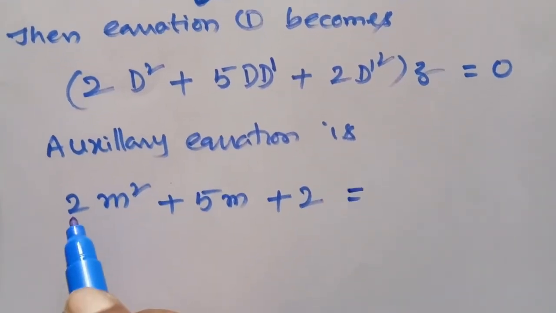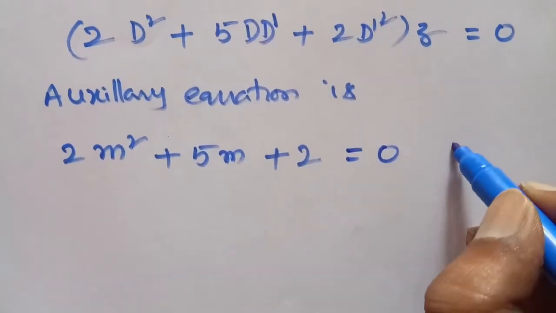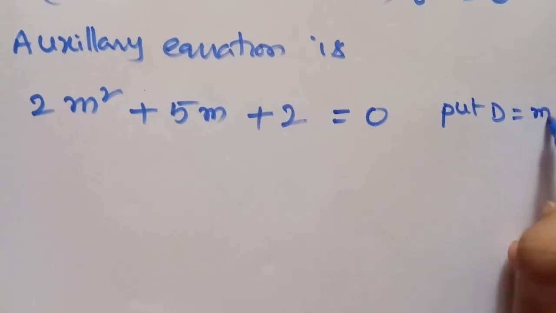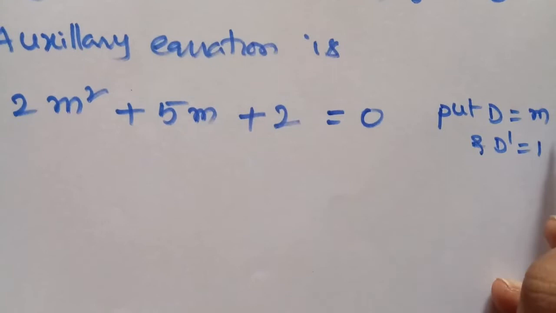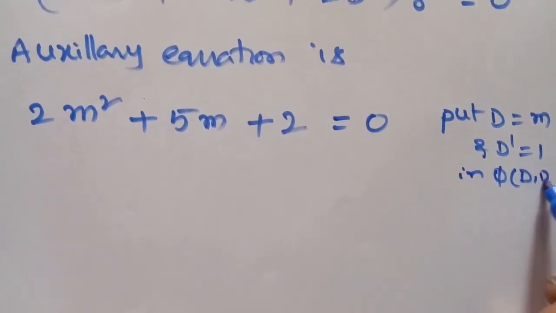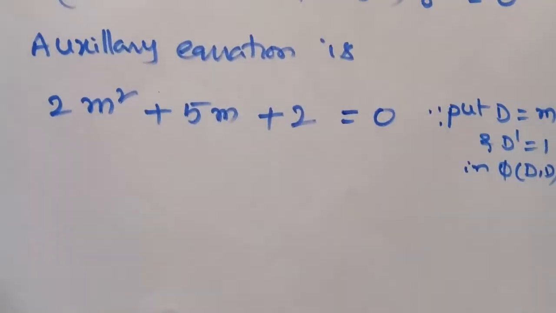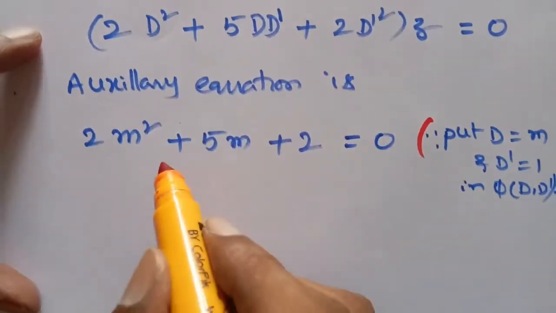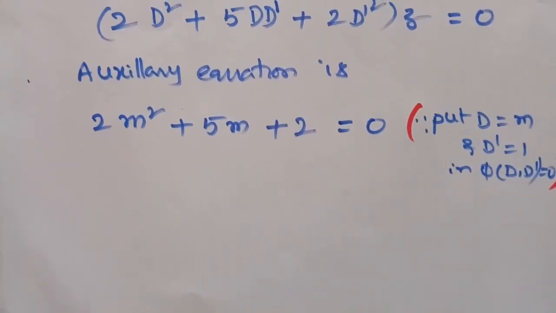We already explained the procedure to find the auxiliary equation. Here, we are substituting D equal to m and D dash equal to 1 in the phi of D, D dash equal to 0.